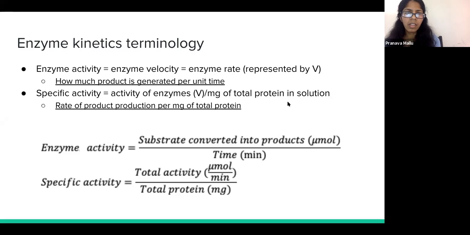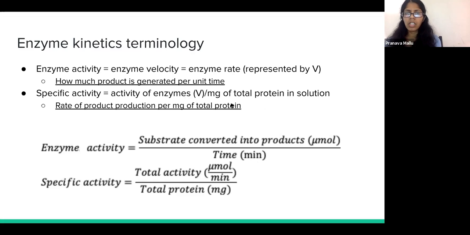So what you do is you take the enzyme velocity, and I'll just throw out a number, 1 millimole per minute. So if you take that 1 millimole per minute, and for sample 1, you divide it by 1 milligram, and sample 2, you divide it by 100 milligrams, so you get 1 versus 0.01.